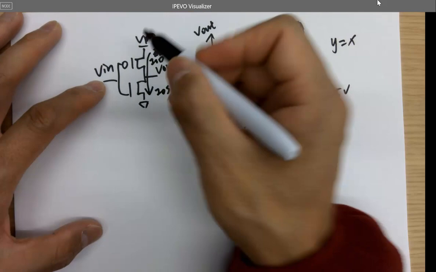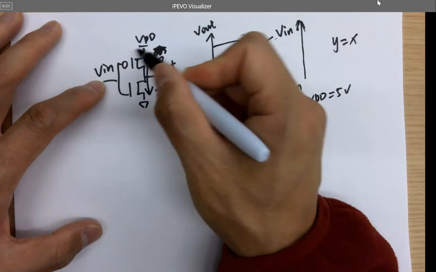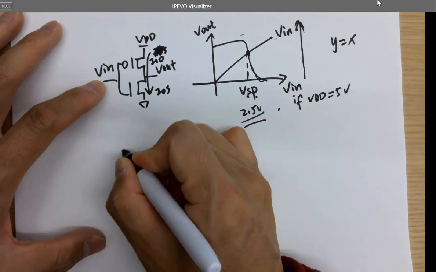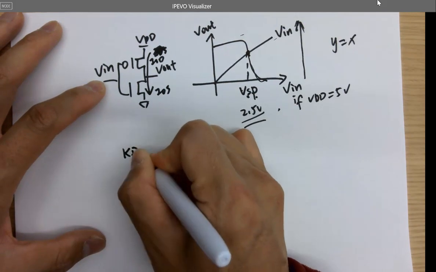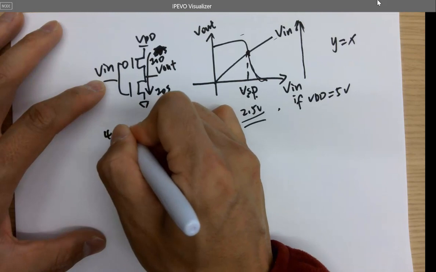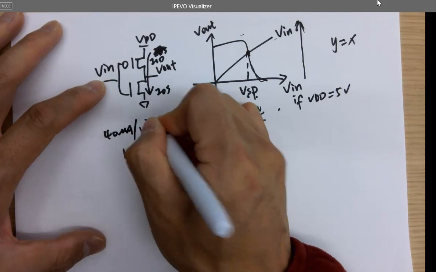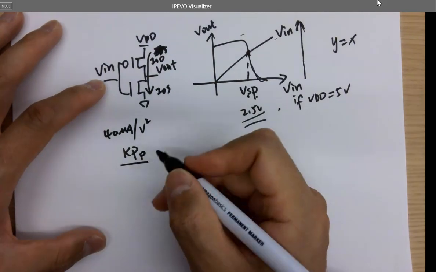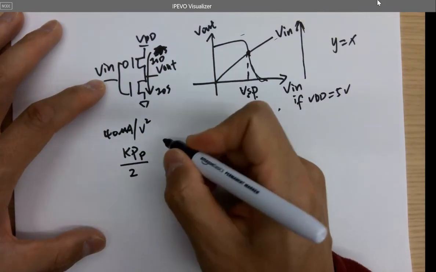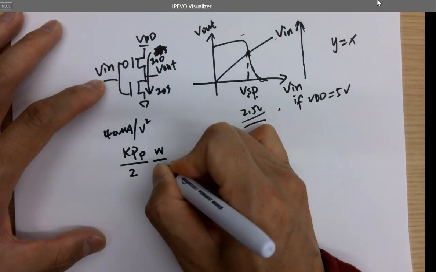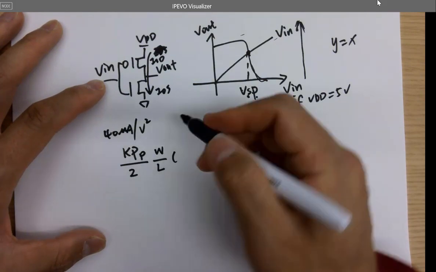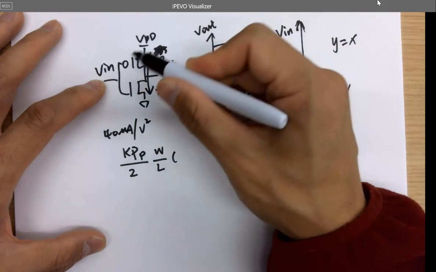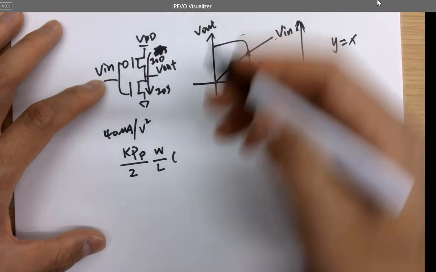So for the PMOS, you can use a square law equation to calculate its ISD, which is KPP, which is 40 microamps per V square. It's a constant you can find from the textbook, over 2, times width over length, times VGS, or VSG in PMOS, right? VSG minus VTHP, squared.